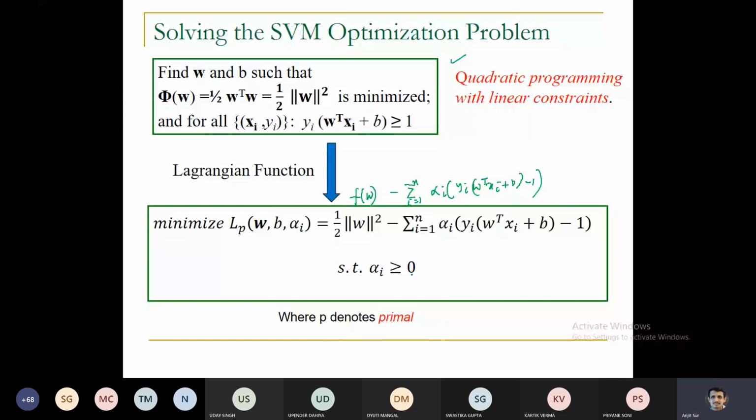Now this is the most important formulation, minimize L_P of this. If you understand this, then it is okay. This particular formulation is the SVM formulation, because this part is not there since we don't have the equality condition.